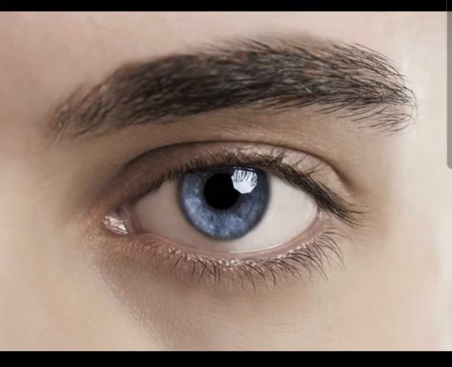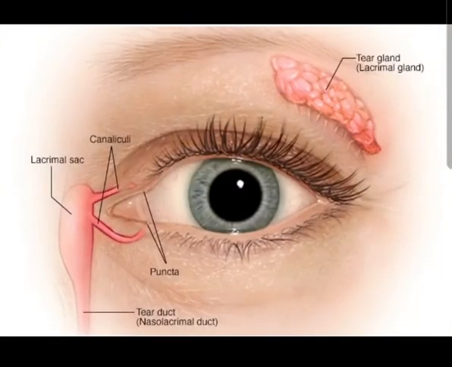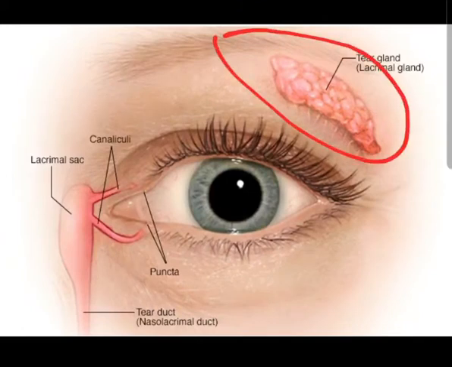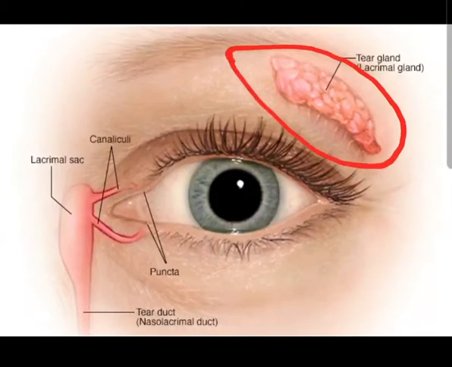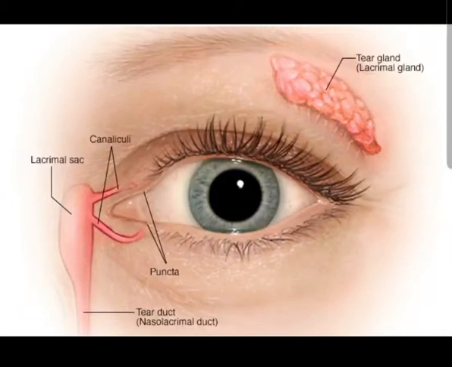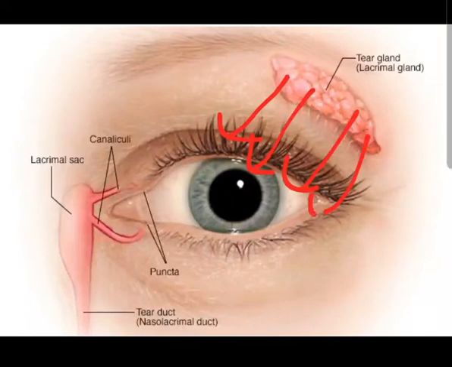After eyebrows, the next structure related to our eyes is the lacrimal glands or tear glands. These lacrimal glands are present at the upper sideward portion of the orbit. From these lacrimal glands, 6 to 12 ducts are present, which pour the secretion of the lacrimal gland into the eye.